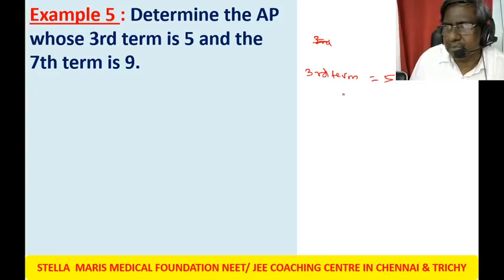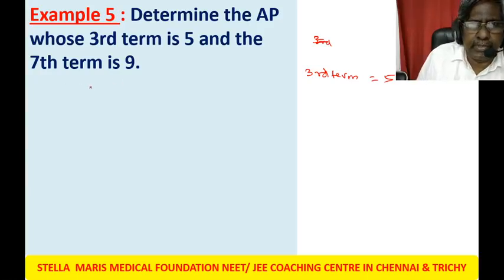Determine the AP whose third term is 5 and the seventh term is 9. They are giving the third term as 5. See here, the third term is equal to 5.